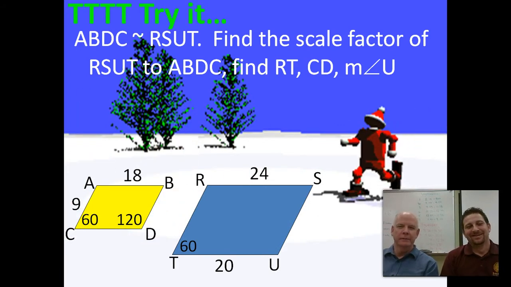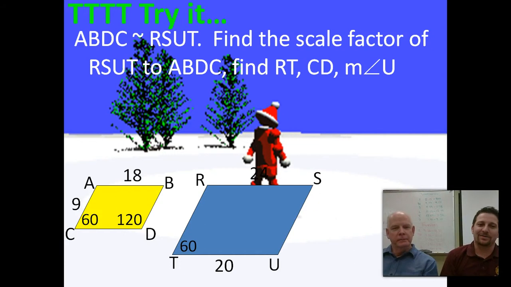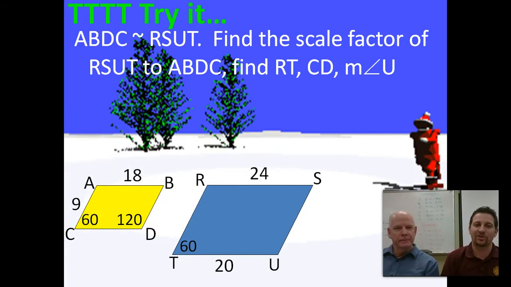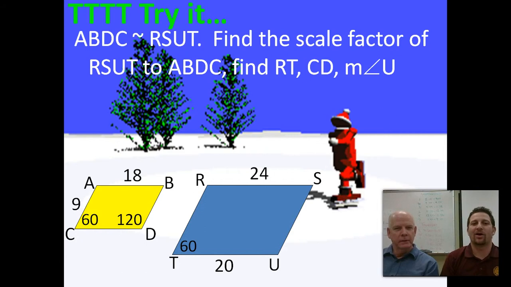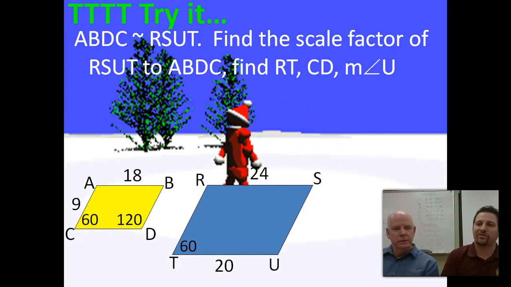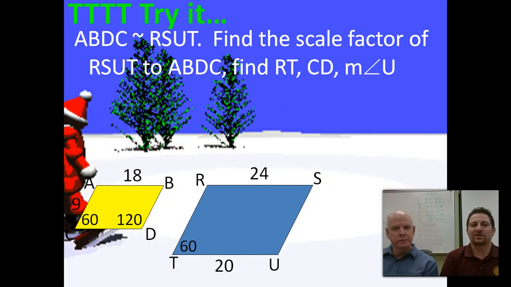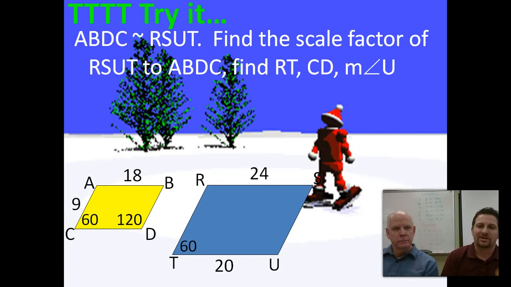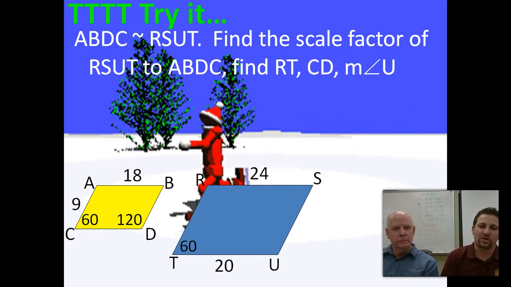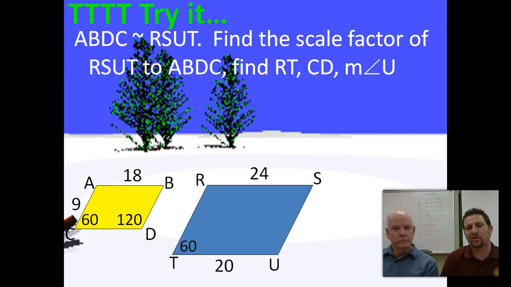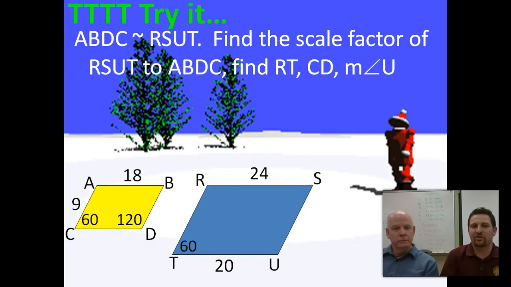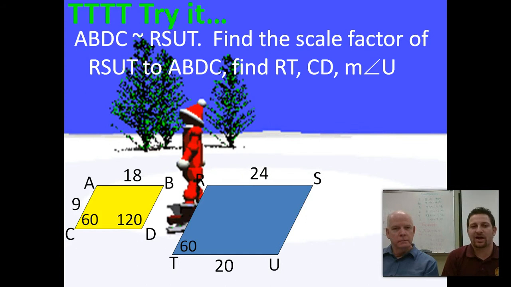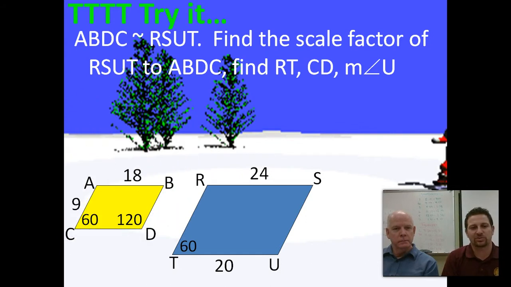So we've got parallelogram ABDC is similar to parallelogram RSUT, and we want to find the scale factor of RSUT to ABDC, and we want to find RT, CD, and the measurement of angle U. Now they've already told us that they're similar, and so we've learned that if it's a similar polygon, that means they have similar angles in the corresponding spots.